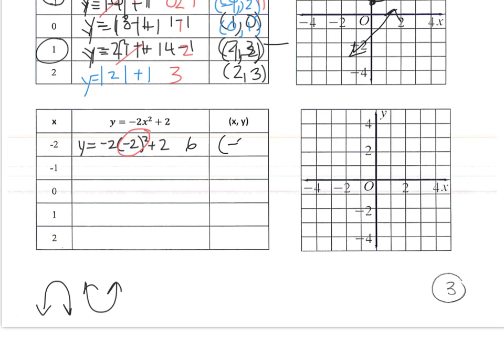So my ordered pair is -2, 6. And then I plug in -1. So -2 times (-1) squared plus 2. So -1 squared is 1. 1 times -2 is -2. -2 plus 2 is 0. So it's -1, 0.